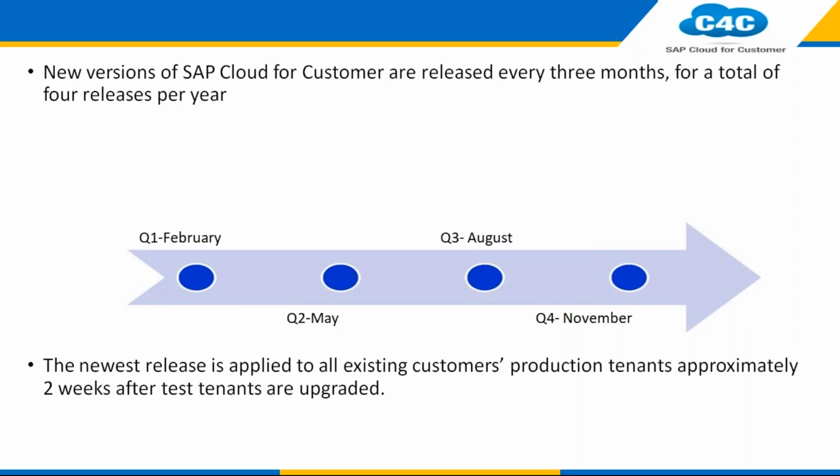If there is any impact, please raise an incident, and we will remove that upgrade activity. If you don't raise an incident, we will assume all is going good, and then we will move it to production. So after the test tenant, after 15 days, SAP does the production upgrade activity.